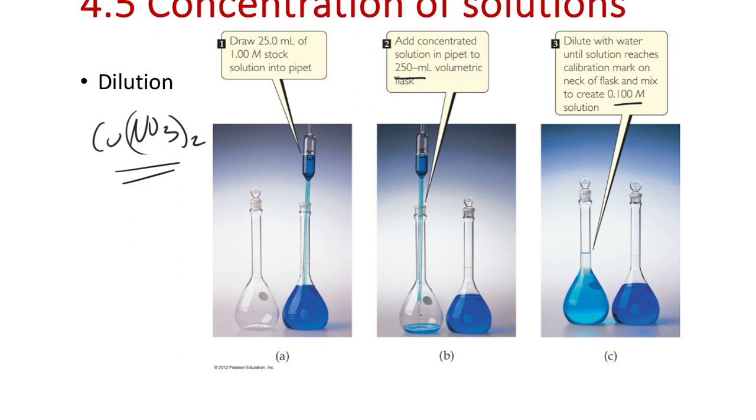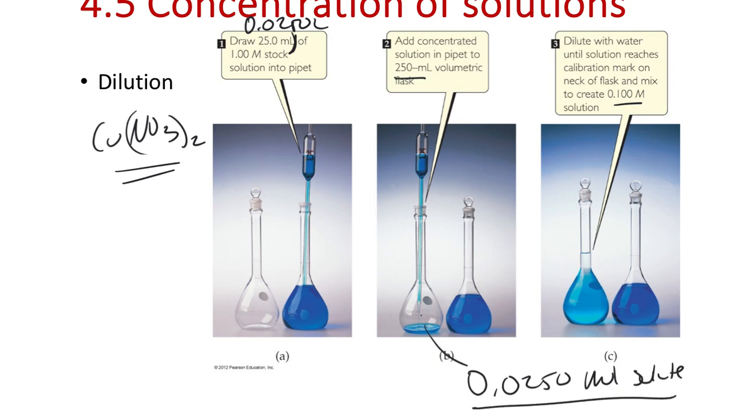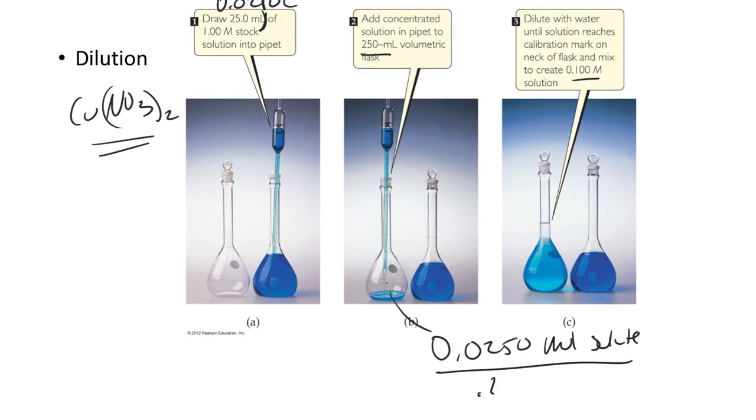So how do we know that that's the concentration? Well, one way would be to think that the number of moles is the 0.025 liters, the volume of 25 milliliters in liters, times 1 molar, so 0.025 moles is our solute. And we're just dividing by our new volume of 0.250 liters, so moles of solute per liter of solution.